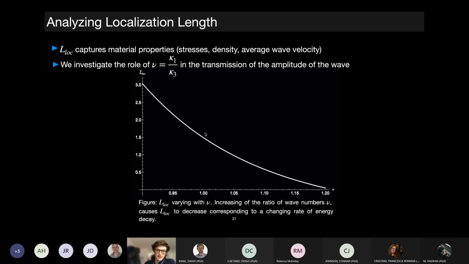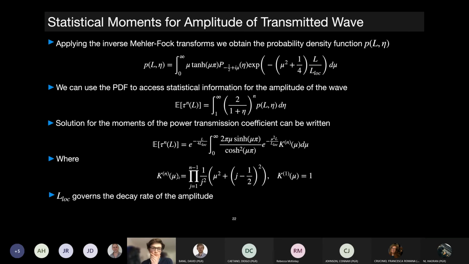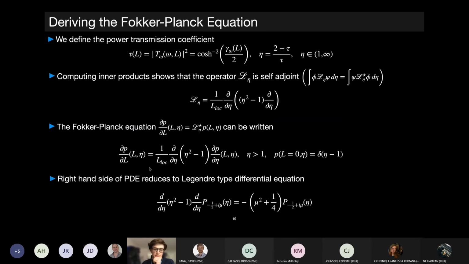It's not the full picture, but you can think of it as nu increases, the angle of incidence increases. So as the wave travels through each layer, it will scatter more, and it will have a larger propagation distance.